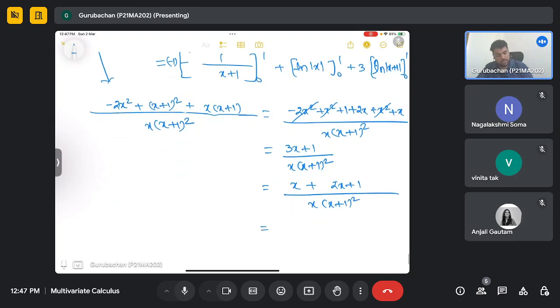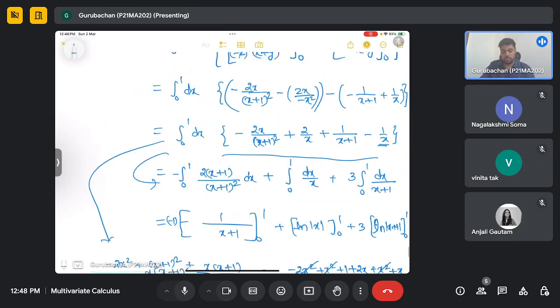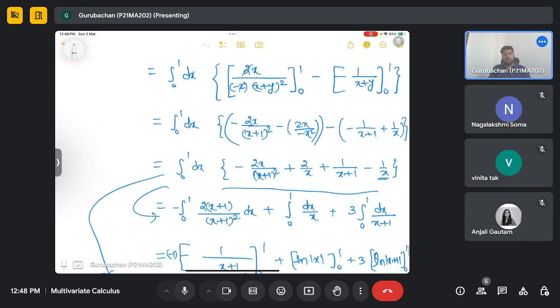From this, we can say that this will be 1 by (x plus 1) whole square, 2x plus 1 divided by x into (x plus 1) whole square. So from here, we can get some integral kind of thing in that scenario. Or rather, we can also check this problem.